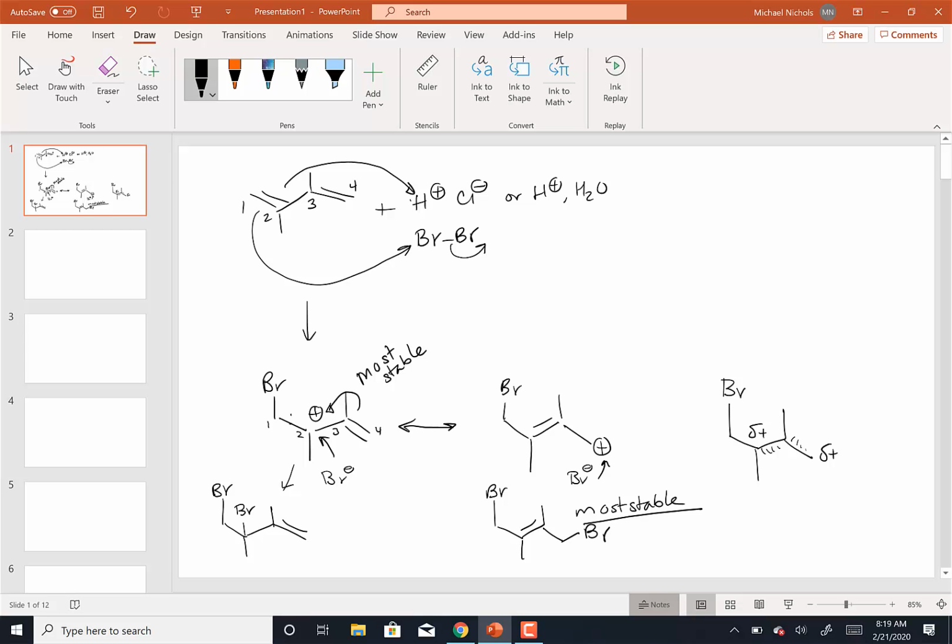The more stable intermediate gives you the kinetic product. The more stable product is the thermodynamic. So in this case, this would be our kinetic product, and this would be our thermodynamic product. Okay, that's how we would do a 1,2, 1,4.